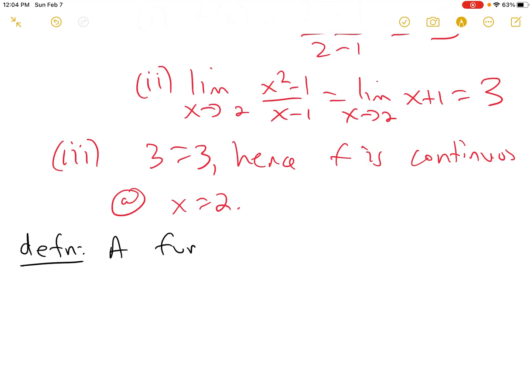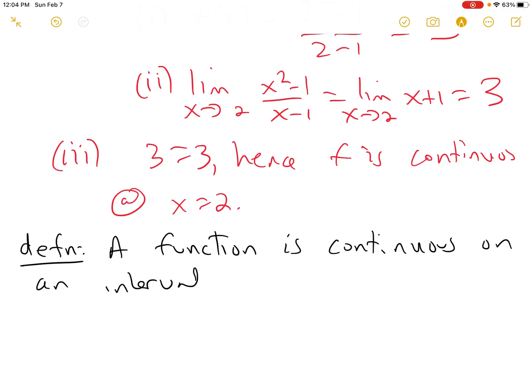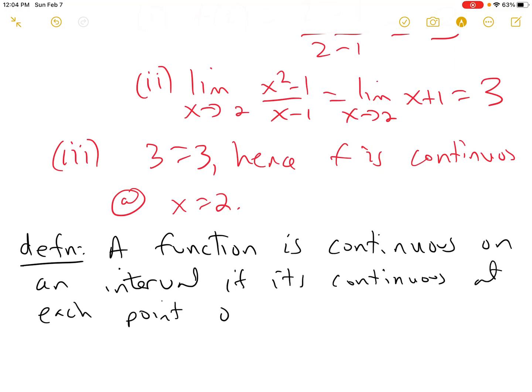A function is continuous on an interval if it's continuous at each point on that interval.